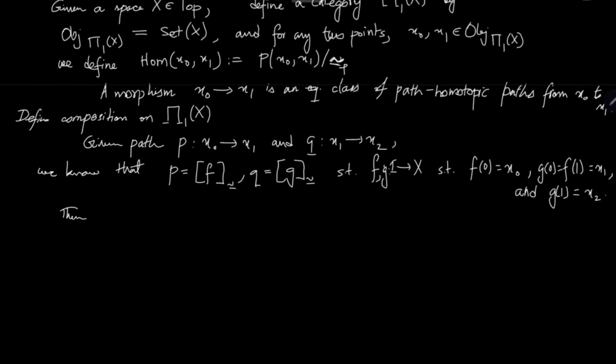And what we do is define H to be a map like this. Define H to be f of 2t, and g of 2t minus 1, if t is less than or equal to half, and if t is greater than or equal to half.